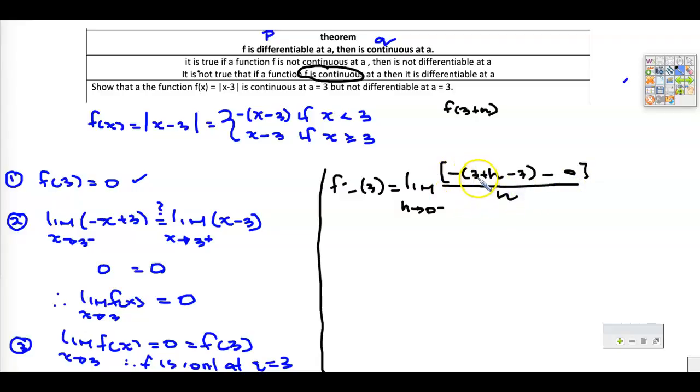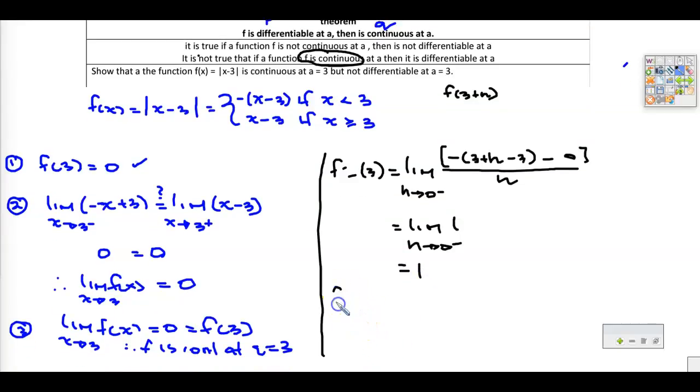When you distribute here, this is a negative 3, this becomes a positive 3, the 3's cancel, the h's reduce, so therefore you get the limit as h approaches 0 from the left of 1, which equals 1.